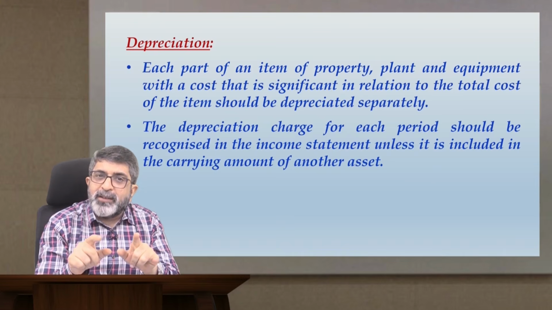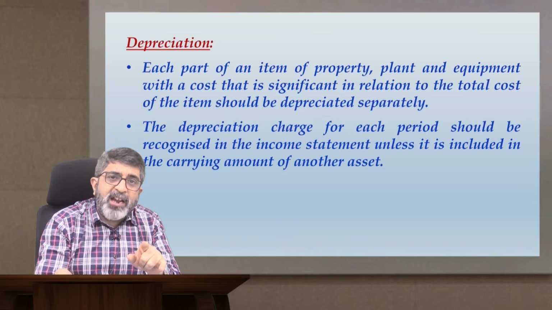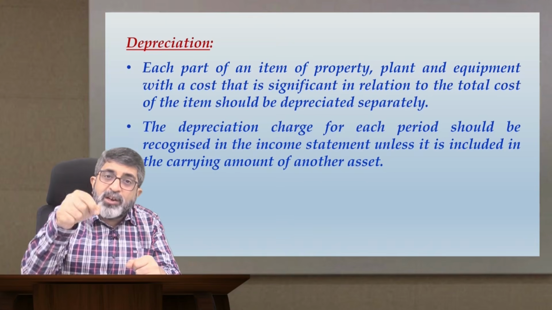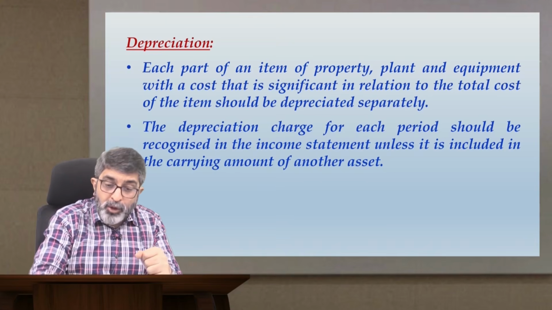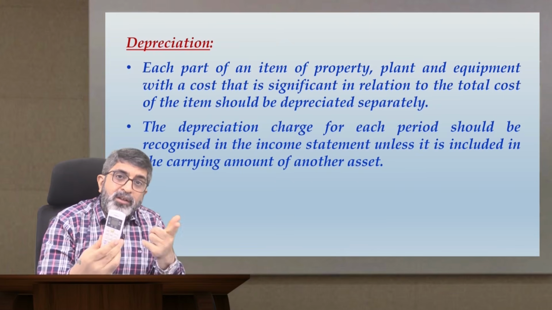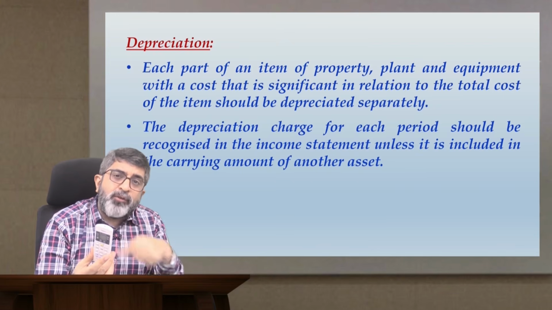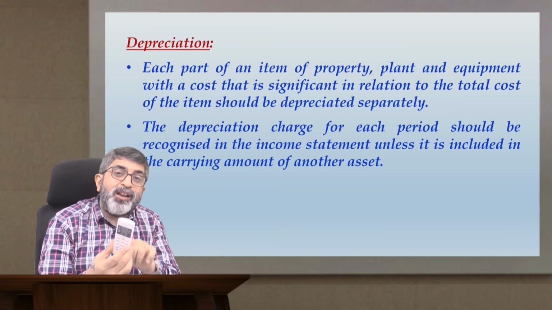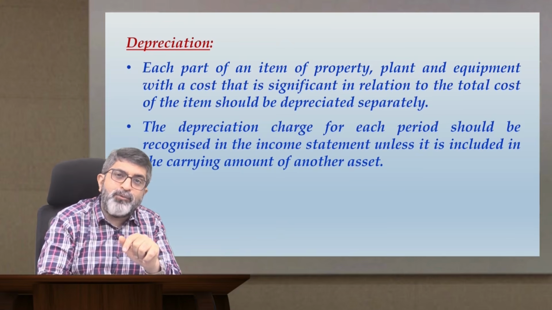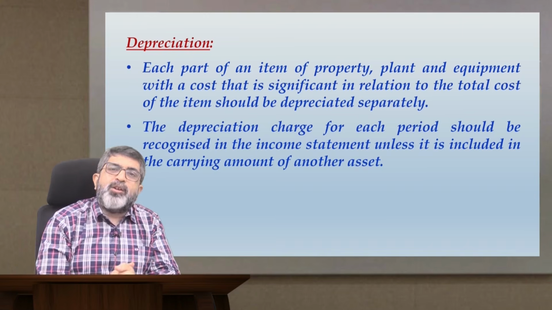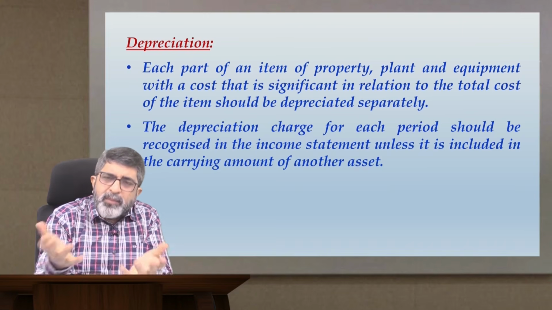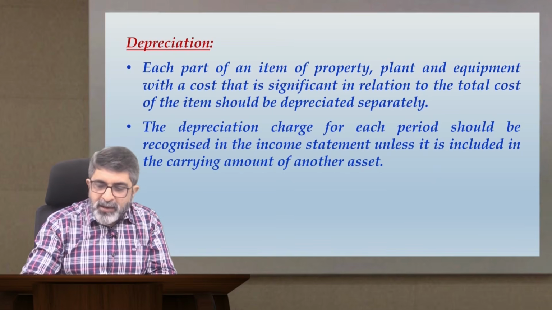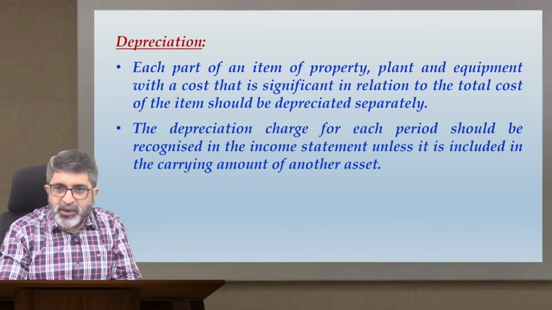In that case, this is an exception to the fact that depreciation will be charged in the income statement. This time the depreciation is included in the cost of the item. So if this item is sold, then as part of cost of goods sold, the expense will be recognized. But if it remains unsold and lying with you as an inventory, it will be stated in your balance sheet as an inventory. It will be your asset unless it is sold. So keep that in mind and continue writing further.